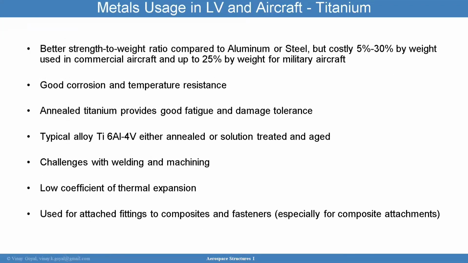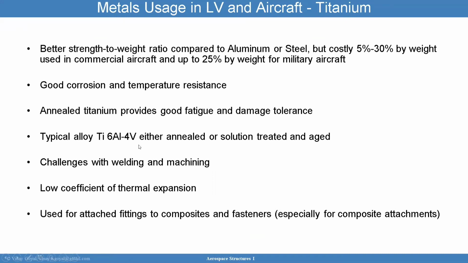So let's discuss metals usage in launch vehicles and aircraft. Titanium, for example, has better strength to weight ratio compared to aluminum or steel, but it will cost 5% to 30% more by weight. And it does have good corrosion and temperature resistant properties. And annealed titanium provides good fatigue and damage tolerance.